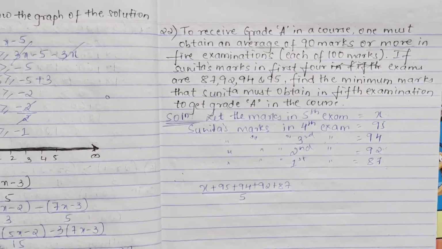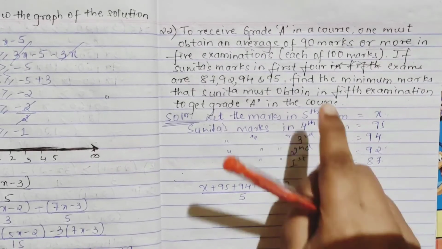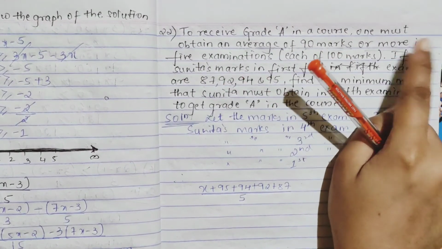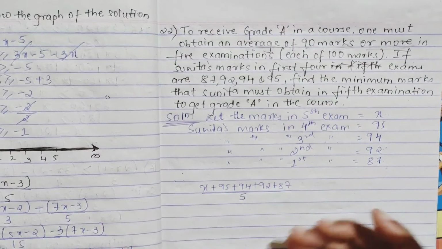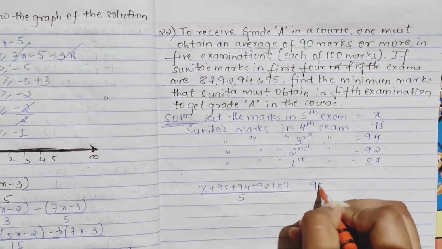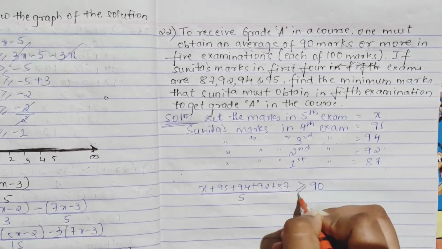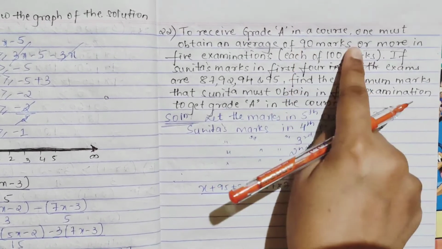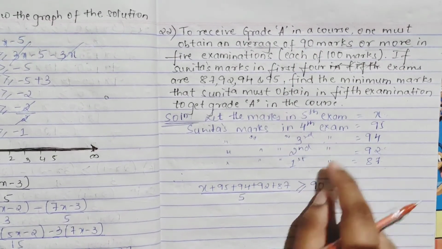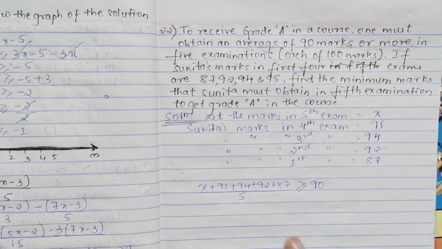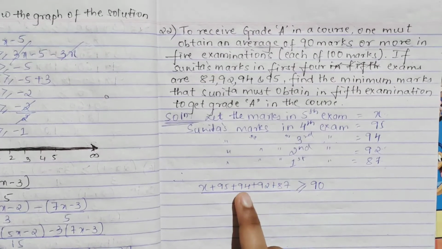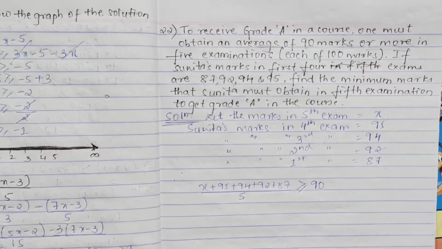Then what they're telling, average of 90 marks or more, means this should be 90 or more. 90 means equal to, right? They are telling here 90 marks or more means greater than or equal to. So now what we'll do? Add this up and then solve it.